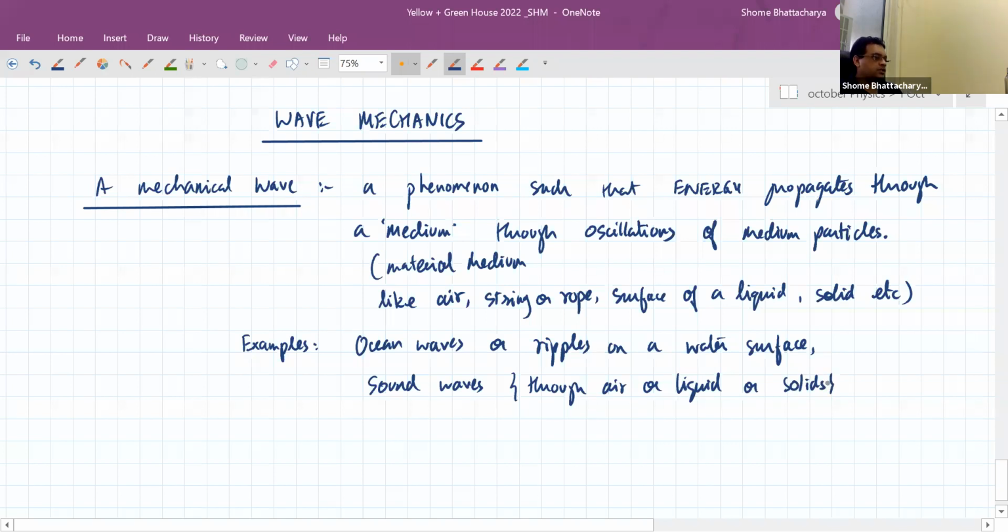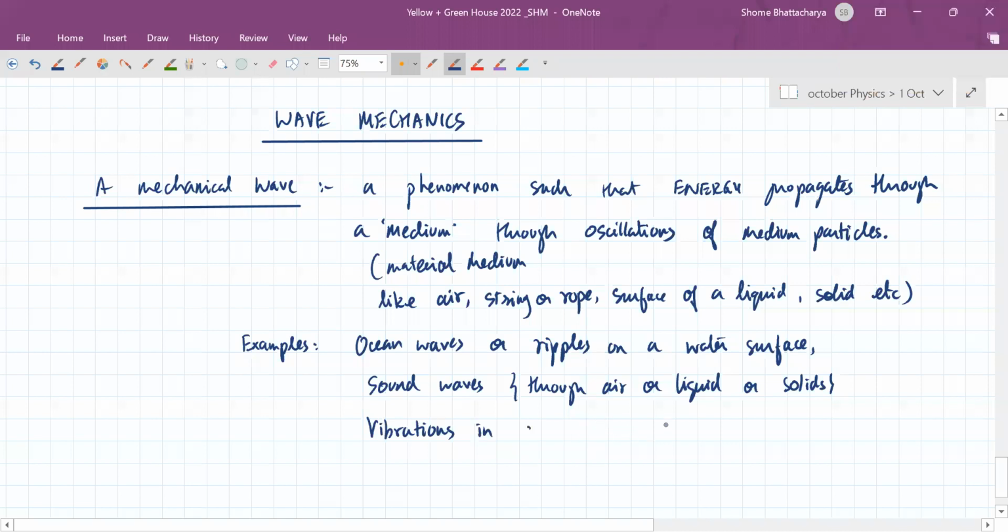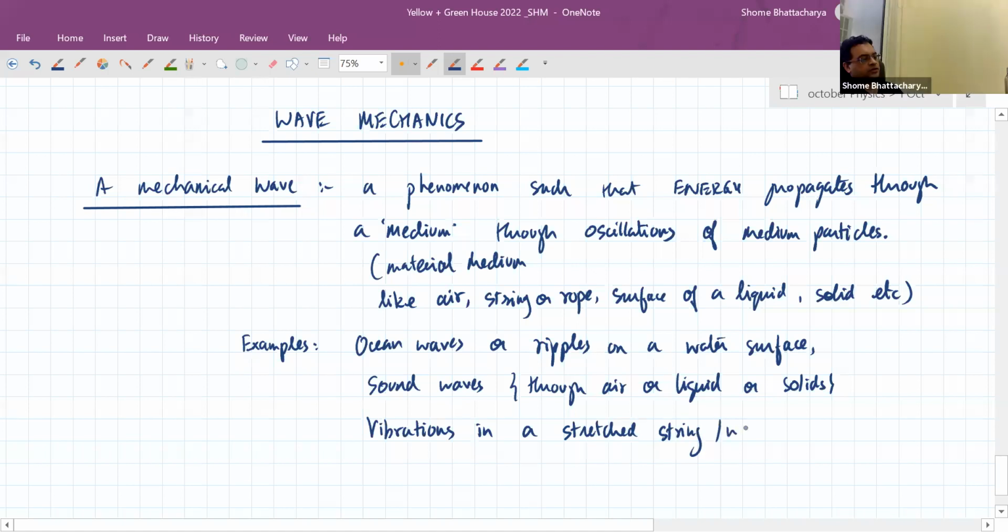Sound propagates through walls, rocks, etc. Vibrations in a stretched string or wire or anything like that. So these are all everyday examples of waves.